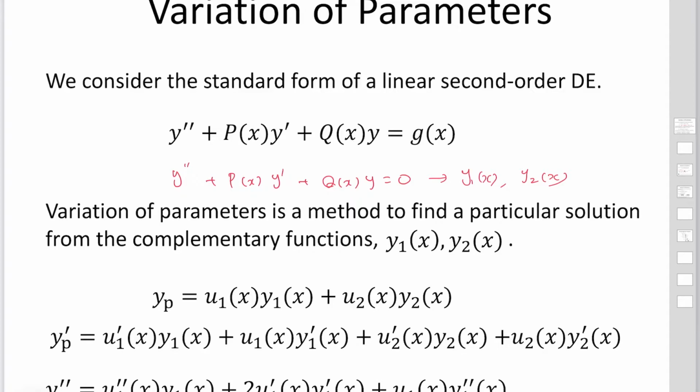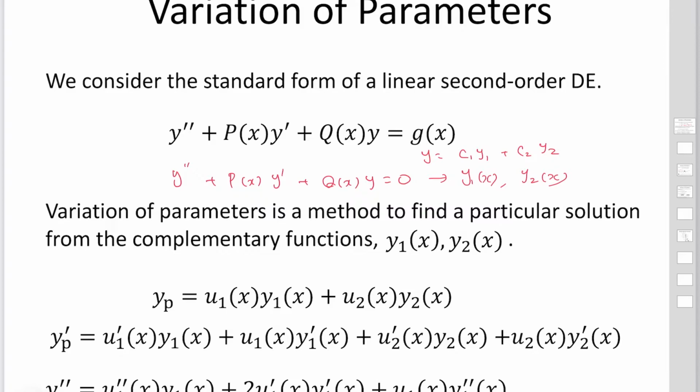So the solution of the homogeneous differential equation is expressed as y equals c sub 1 y sub 1 plus c sub 2 y sub 2. If you consider constant values of c sub 1 and c sub 2, then it becomes a solution to the homogeneous differential equation.